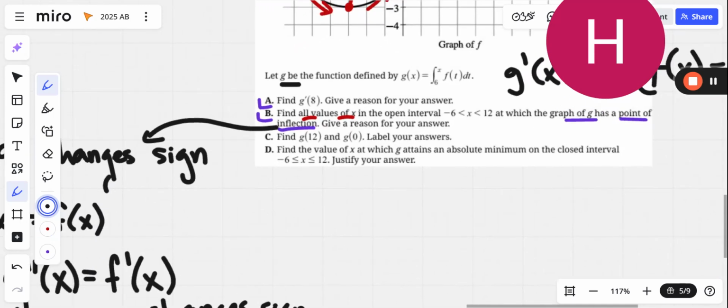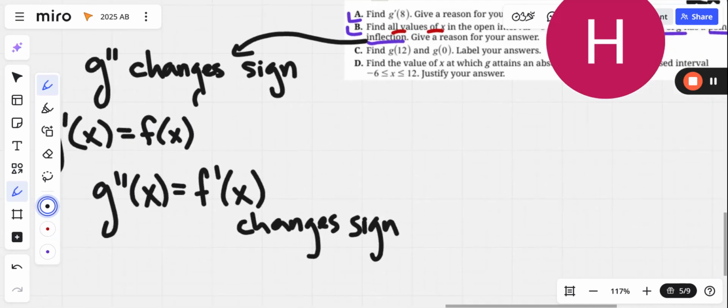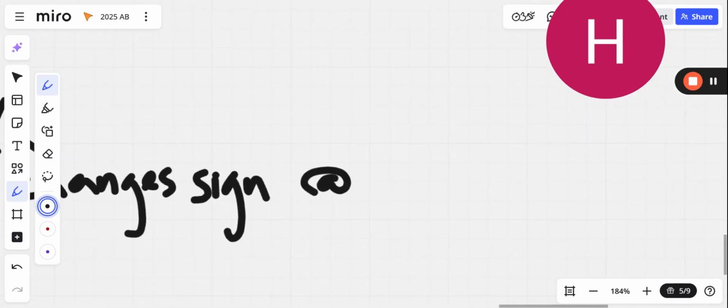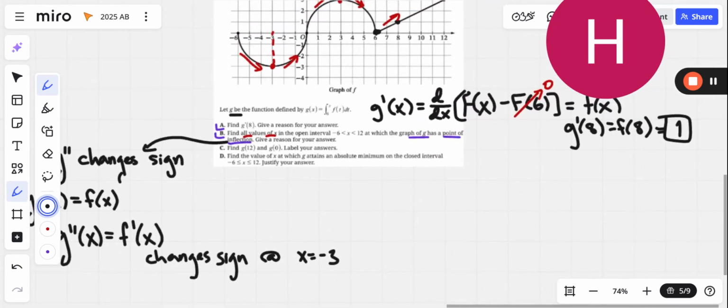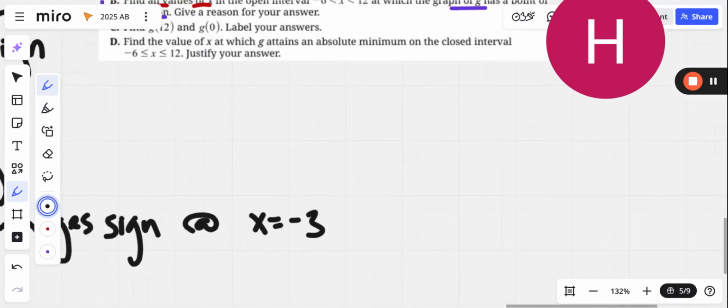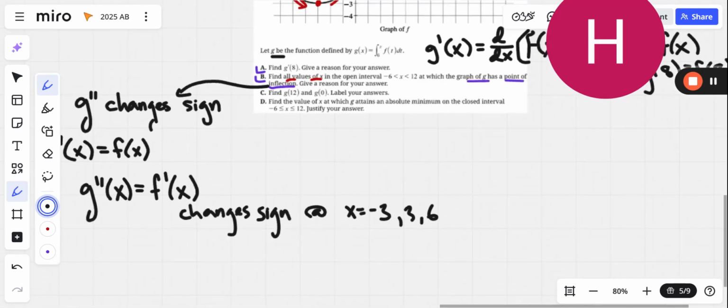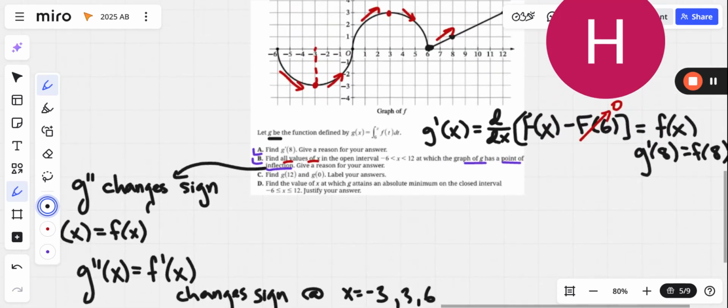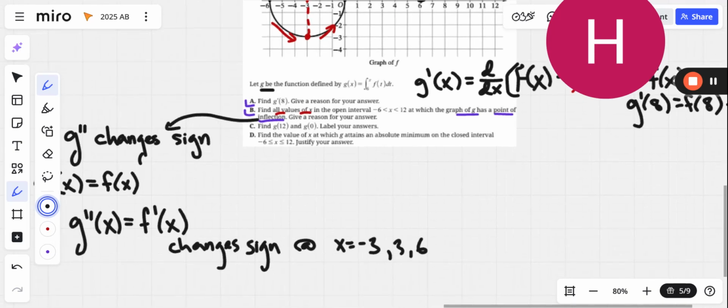We don't have to find the point of inflection, we just have to find the values of x. So that's going to be at x equals -3, at x equals +3, and at x equals 6. Oh, yeah, interesting. So we have 3 values there.